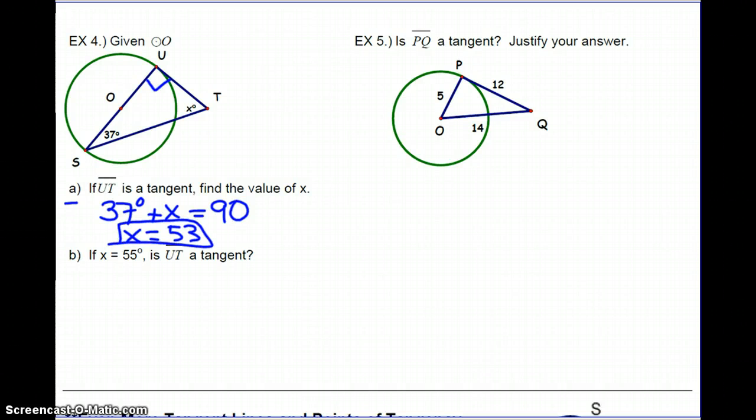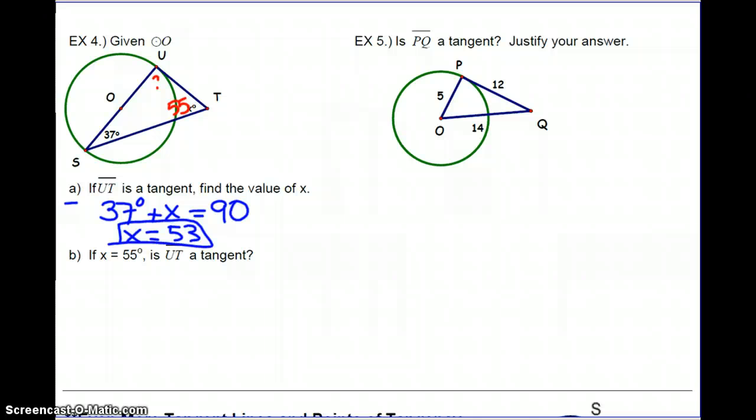Now part B I'm going to do in red. They're telling me, instead for part B, that x is 55 degrees. And I have to figure out if UT is a tangent. Well, if UT is a tangent, I would make a right angle. Let's see.